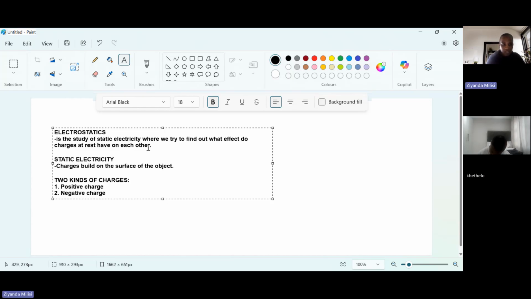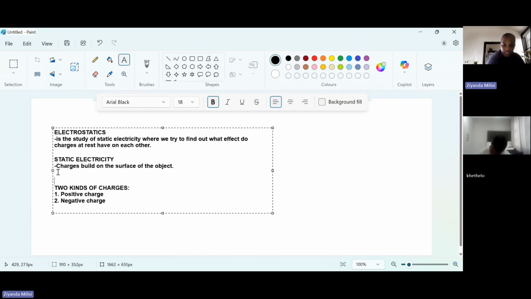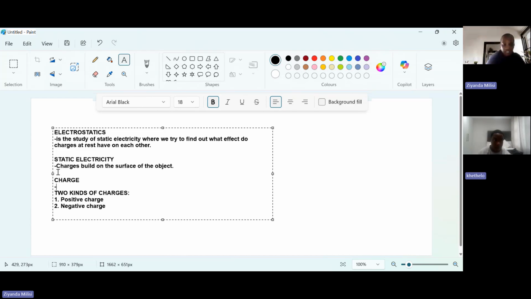So since we said here we are starting two kinds of charges, it means we've already started talking about charge. Let's look at a charge. It has a symbol.